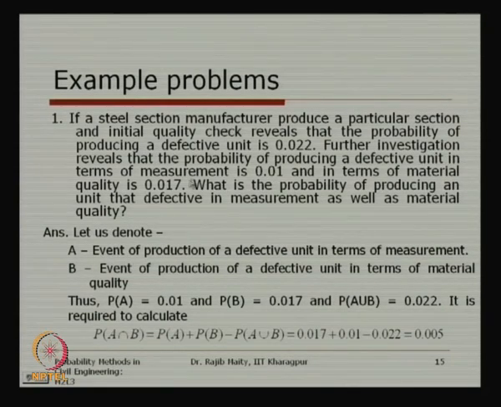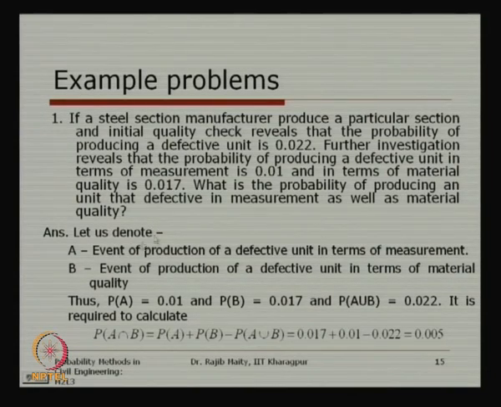So, in two different ways the particular section can be defective. Their individual probabilities are 0.01 and 0.017, and the total is given here, 0.022. And the question is what is the probability of producing a unit which is defective in terms of both, that is defective in terms of the measurement and also in the material quality.